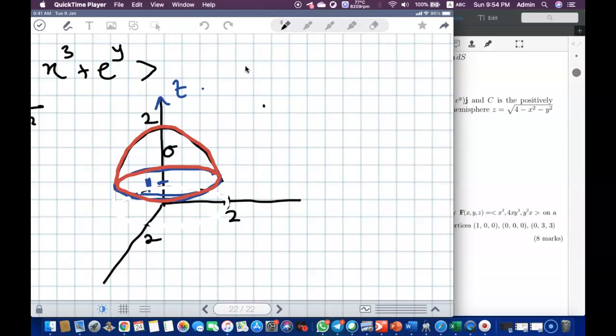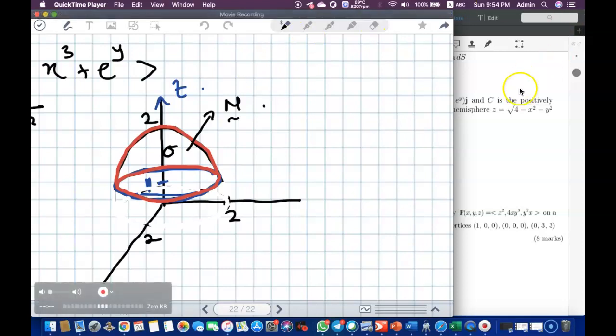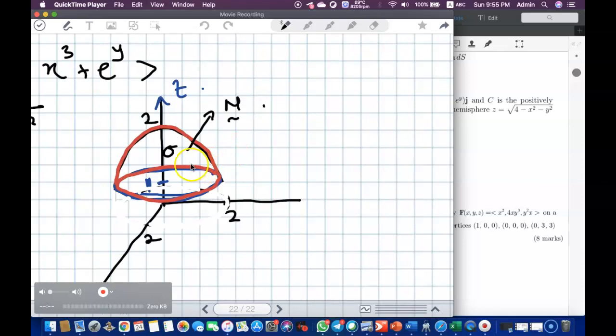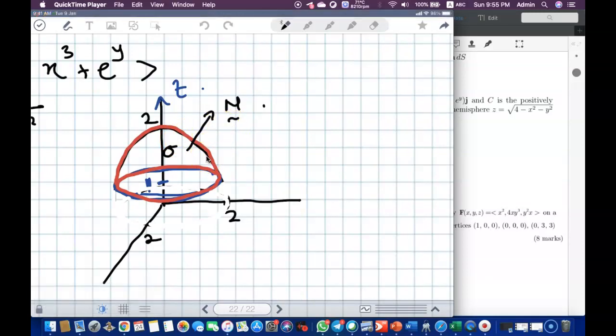Now you want to find your n, where n always points upward to the surface. That is the meaning of positively oriented: C is positively oriented, which means your n should point outward to the surface. Follow that direction.